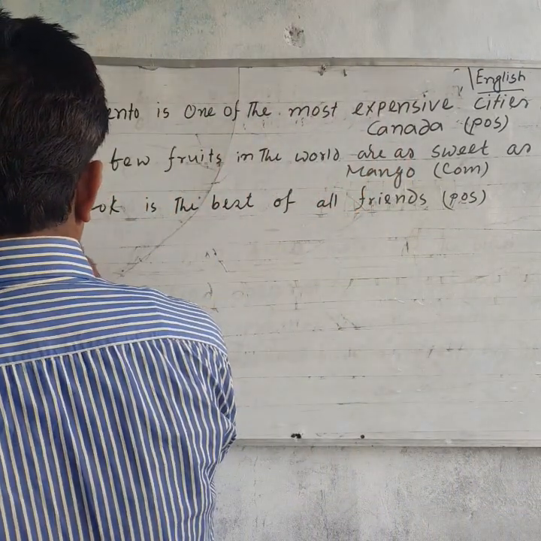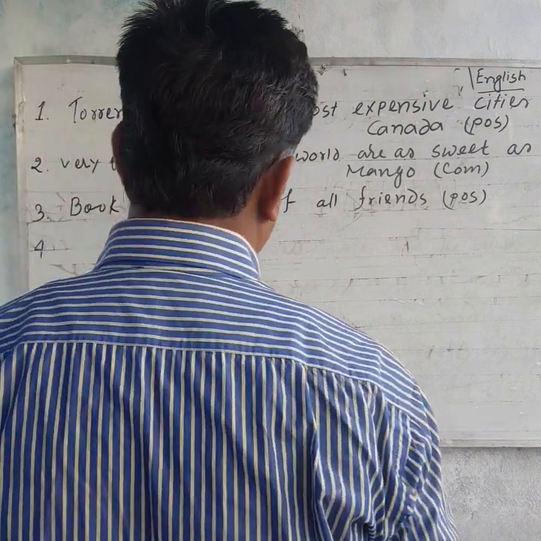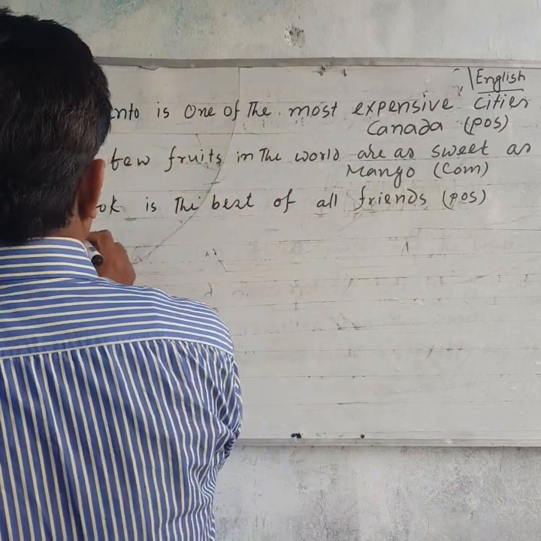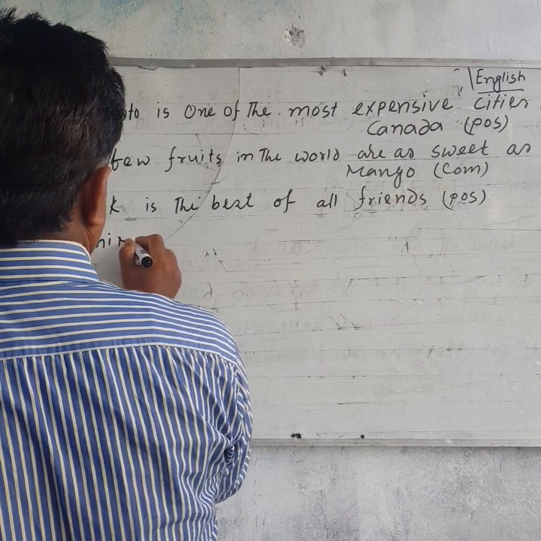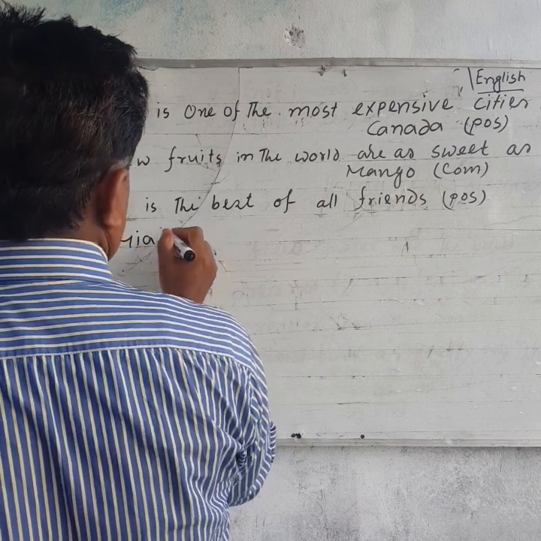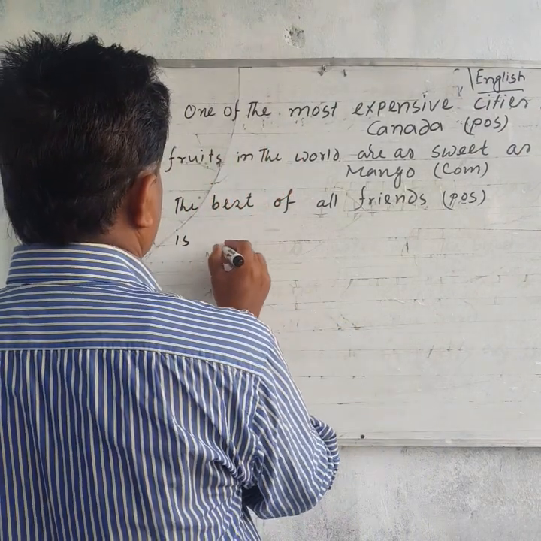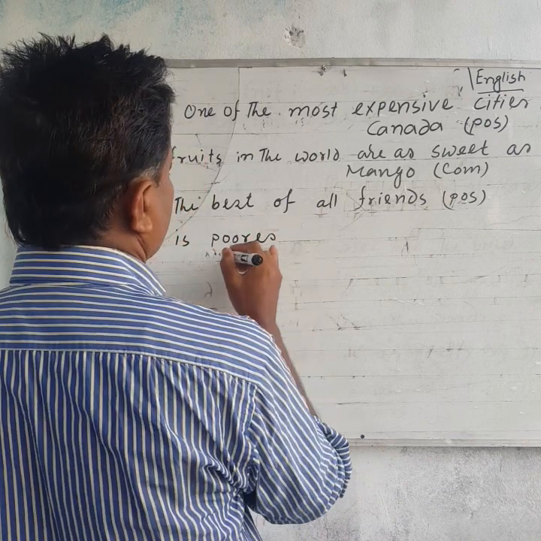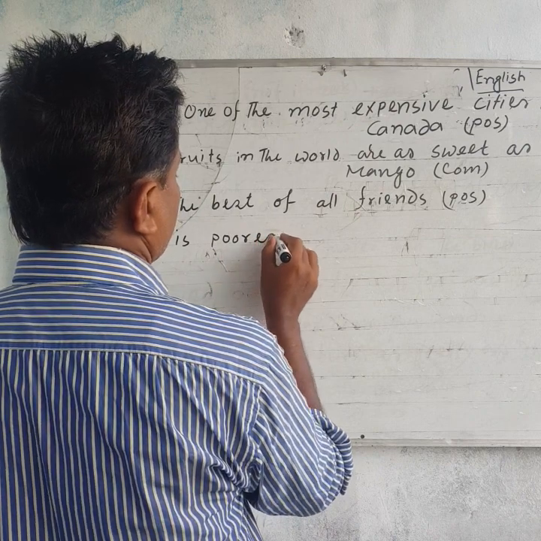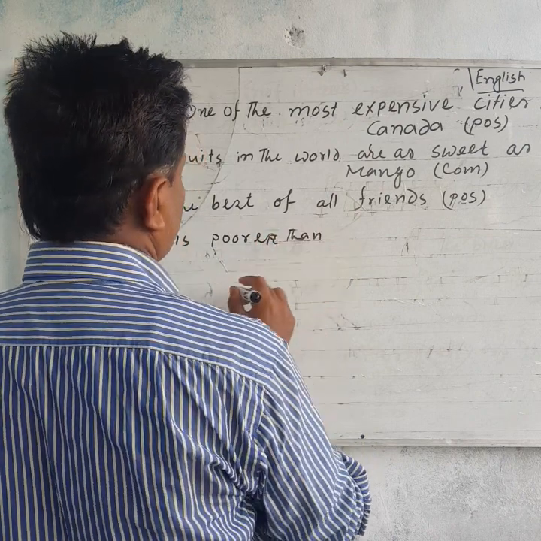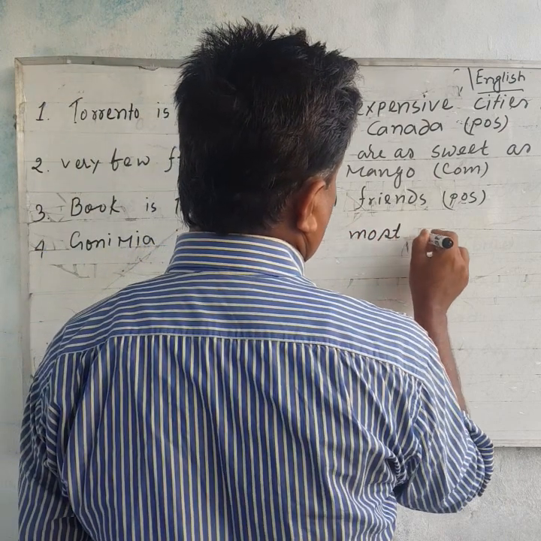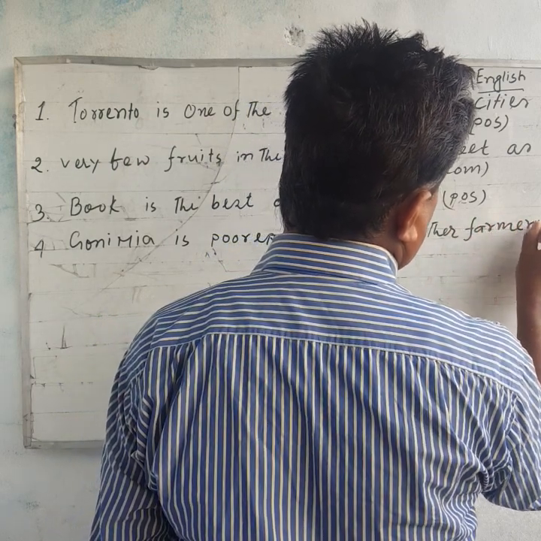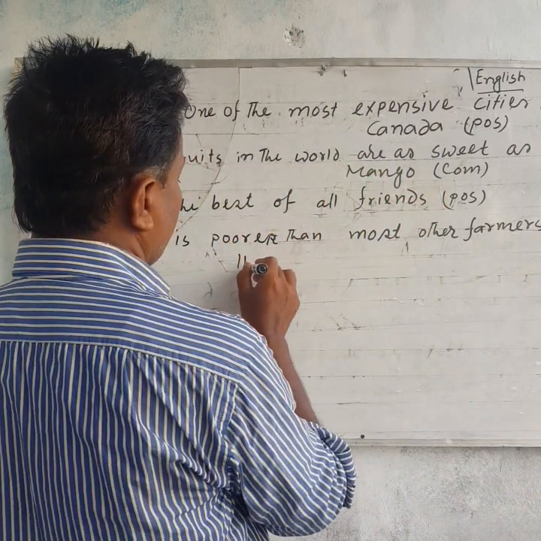Number 4: Goni Mia is poorer than most other farmers in the village.